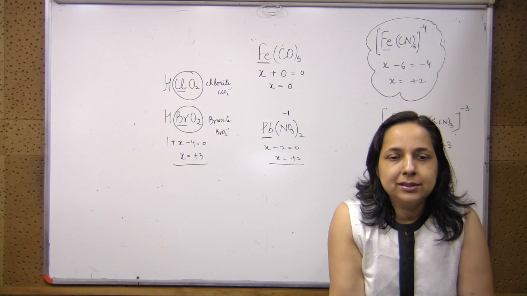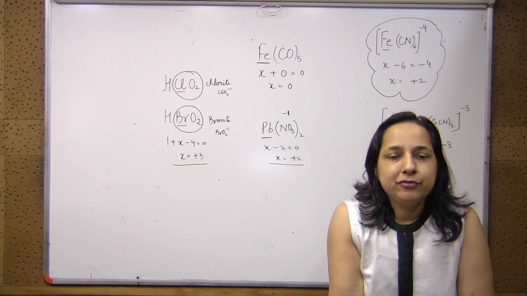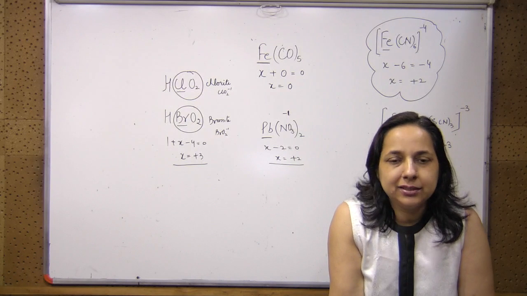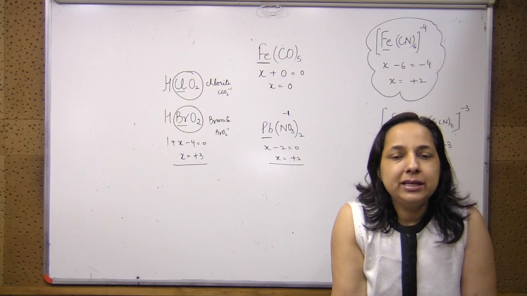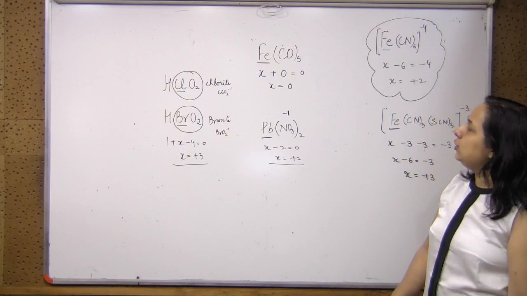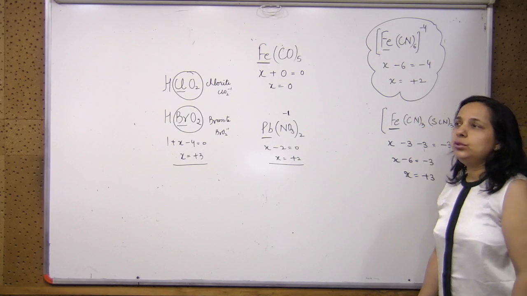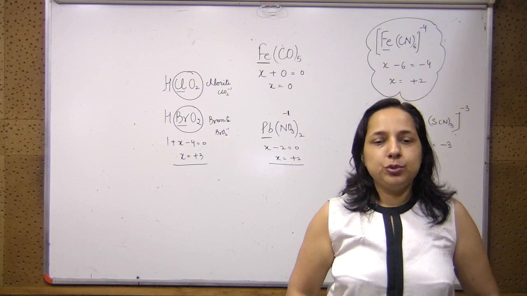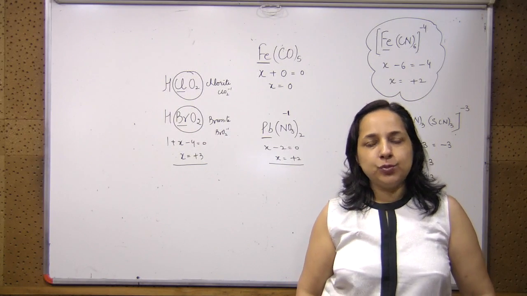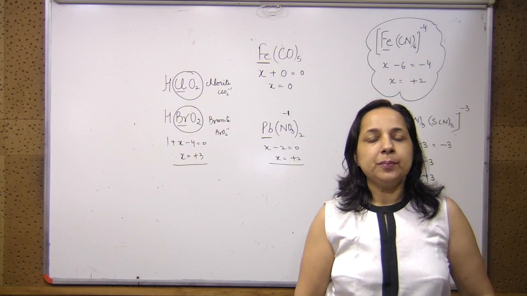Some rules are there, some set fixed oxidation states are there. If those things are learned by us, then we can calculate the oxidation number of any of the species. Those rules, let's recap. We are having group 1, group 2. Group 1 always plus 1, group 2 always plus 2.